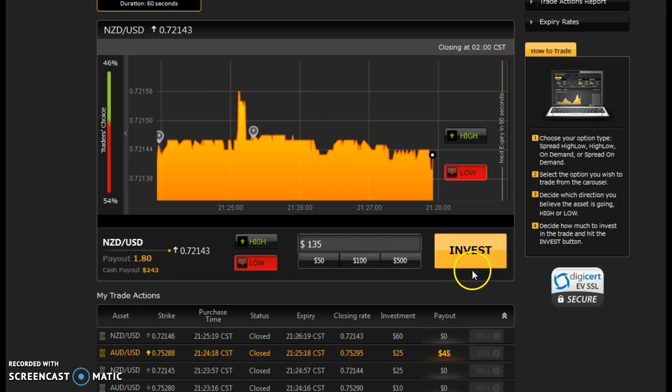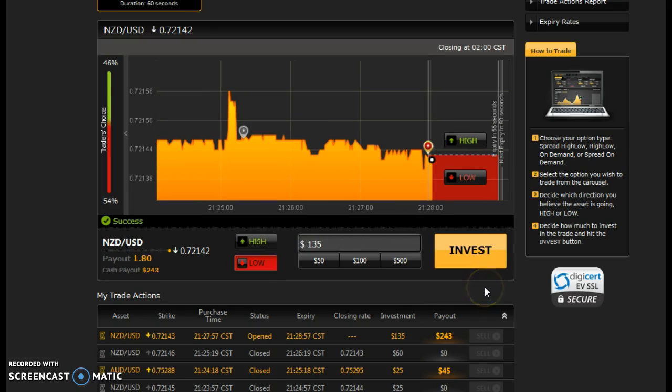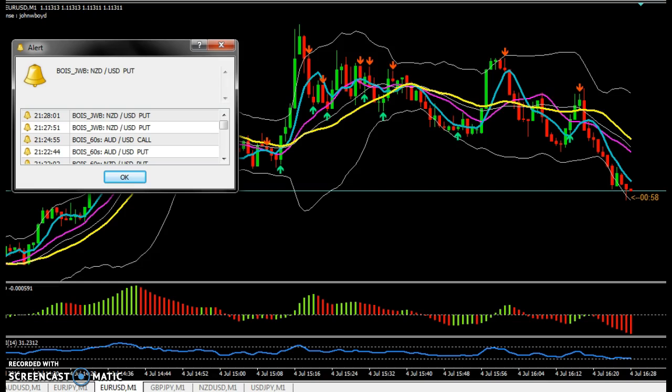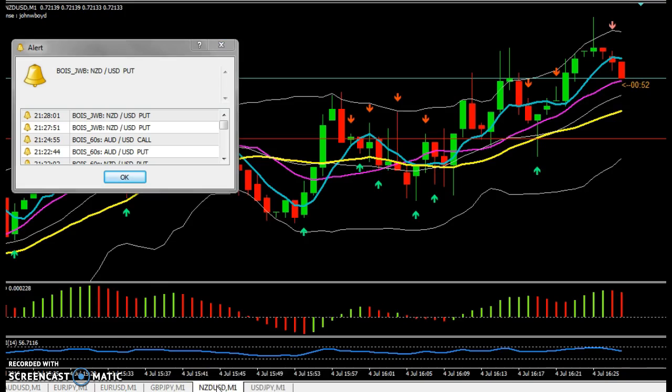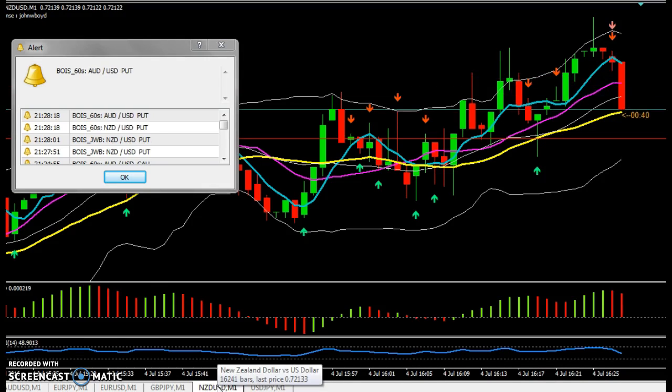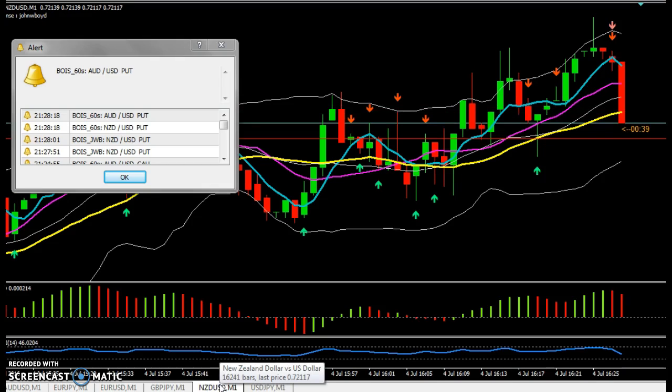There it is, CLN USD put. Coming off of a channel bounce as well as a high RSI and awesome oscillator, very strong signal there.